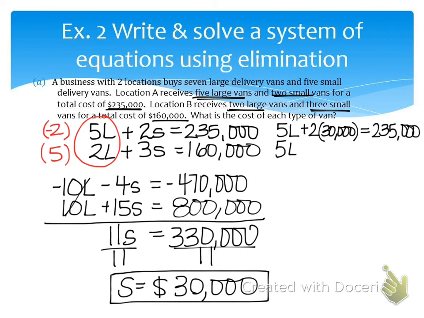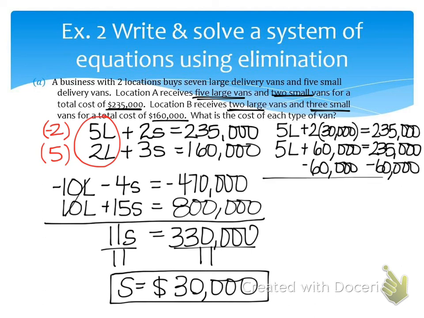So 5L plus 60,000 equals 235,000. All right, what am I going to do next to solve for L? Subtract 60,000. So I have 5L equals 235,000 minus 60,000, which is 175,000.